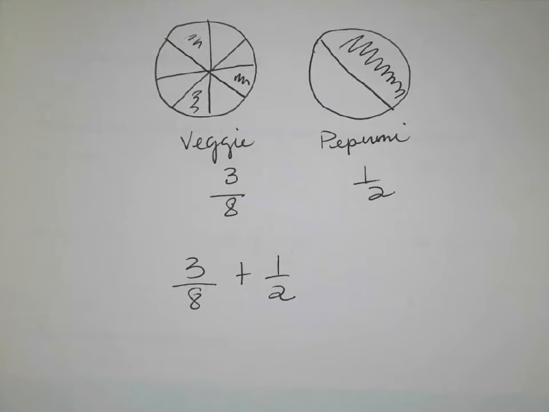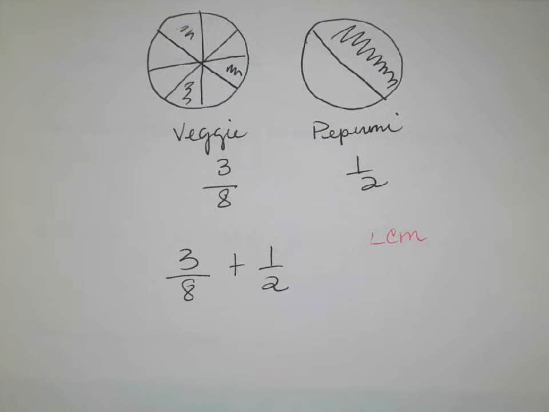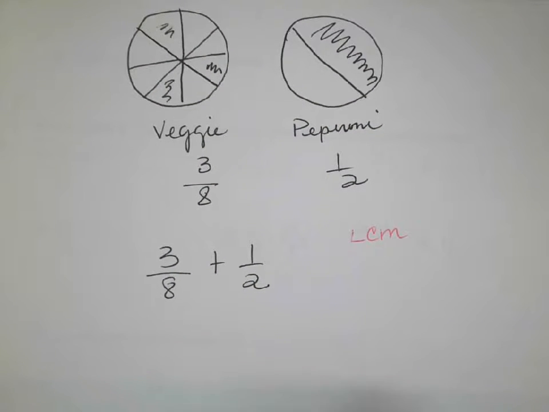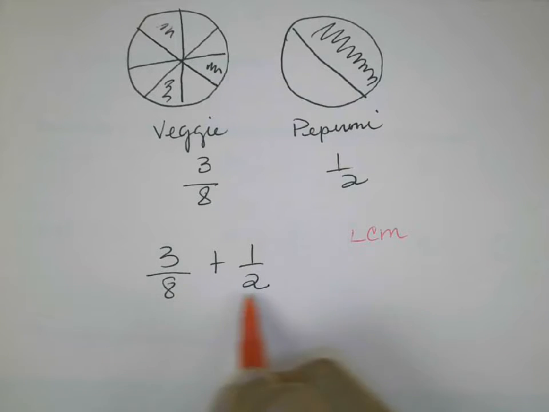So what would my common denominator be for 8 and 2? It's also called the least common denominator, the LCD. What would it be? What's the largest denominator there? 8.